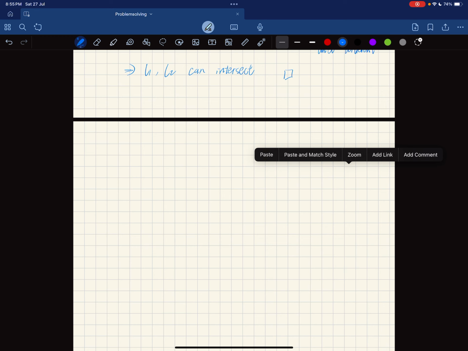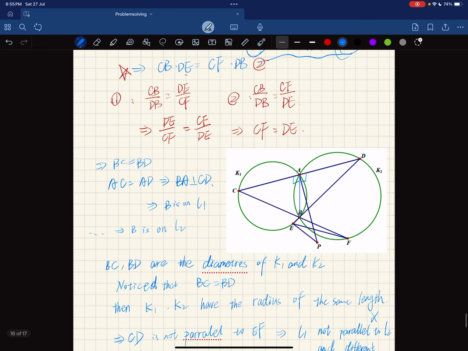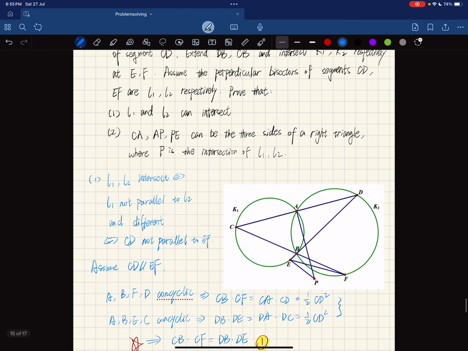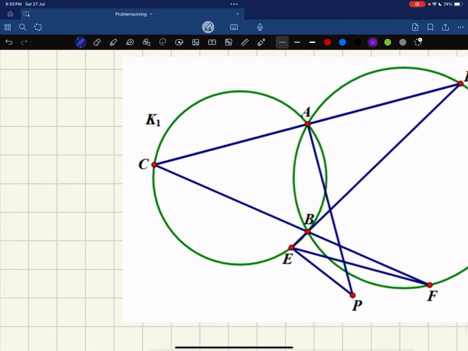So let's continue, proceed to the question 2. What we should prove is that CA, AP, and PE. Let me mark these segments.